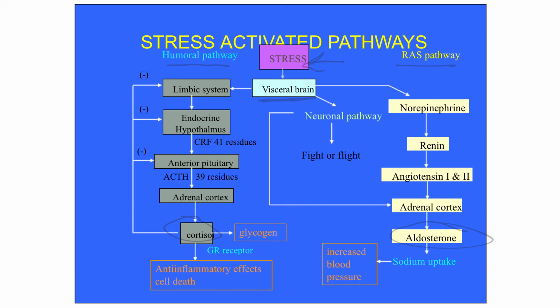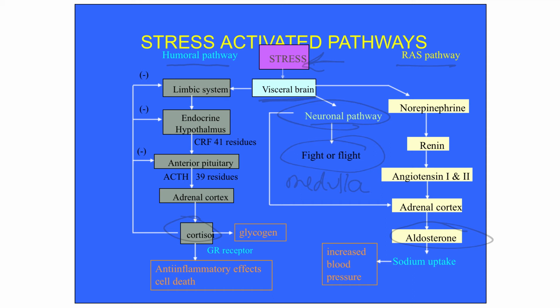Visceral means inner, so the deeper levels of the brain can activate either through the neuronal pathway, meaning the sympathetic nerves, which activate our fight or flight response, stimulating the adrenal medulla to make our peripheral catecholamines, and then we get these typical increases in heart rate and blood pressure, in bronchi diameter, sweating, shivering, all of those things associated with fight or flight.